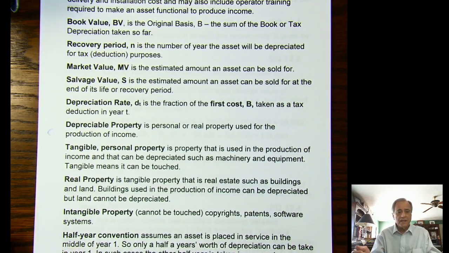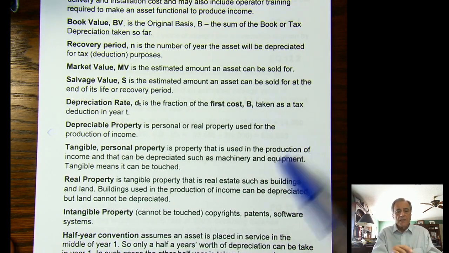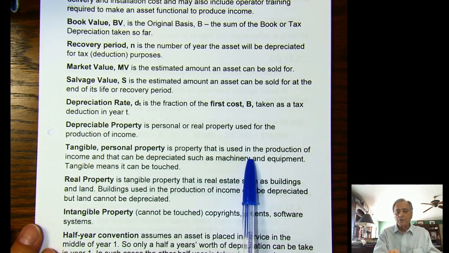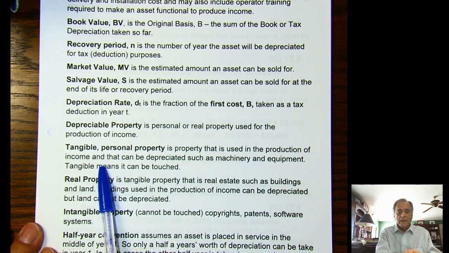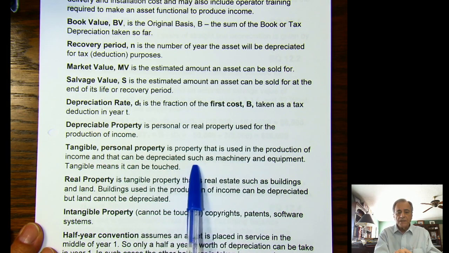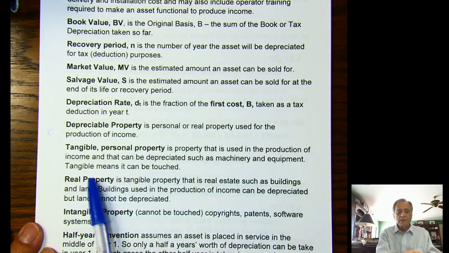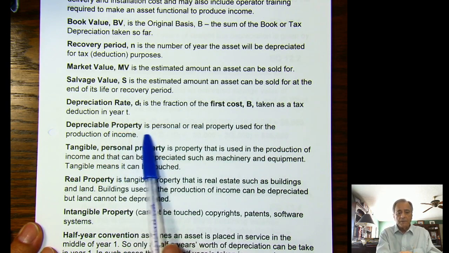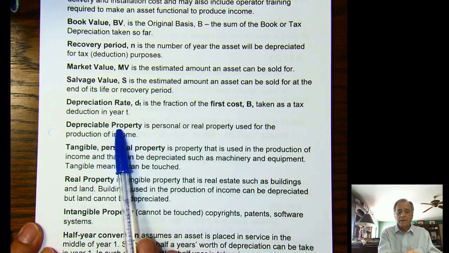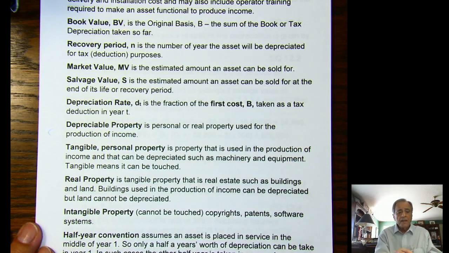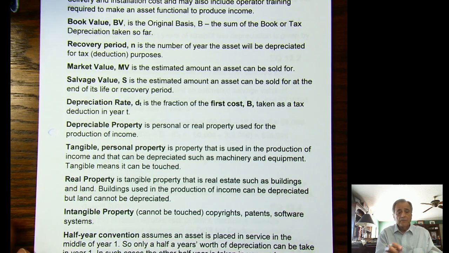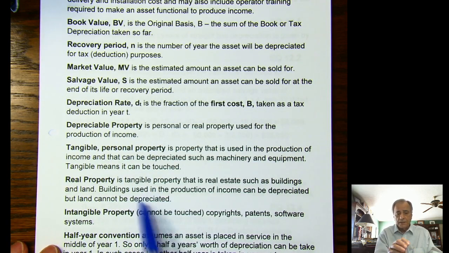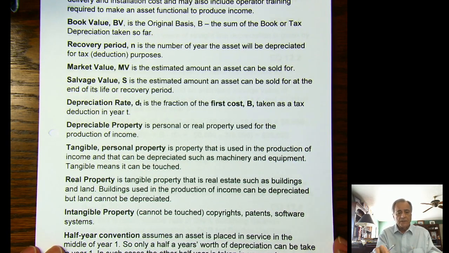Okay, so if something's tangible, it can be touched. Tangible personal property is property that's used for the production of income and that can be depreciated, such as machinery, equipment. Tangible means it can be touched. So first of all, it can be personal property or real property and depreciable. And if it's personal property, it's tangible. It's things like equipment, machinery, that sort of thing.